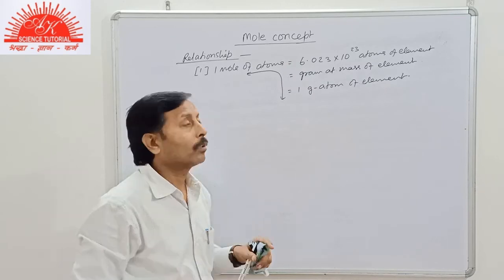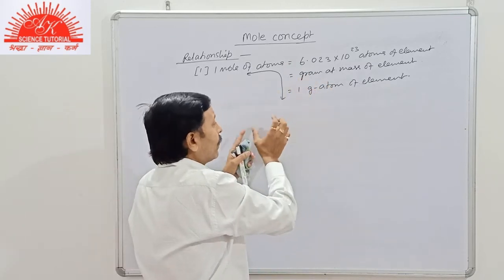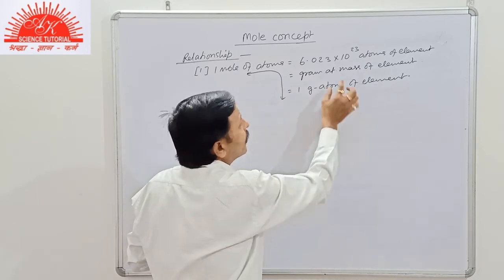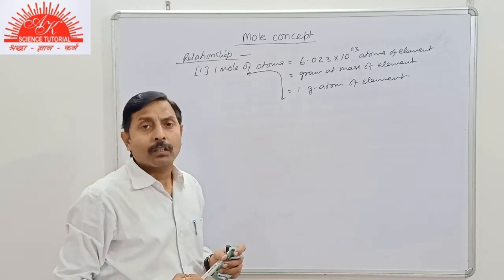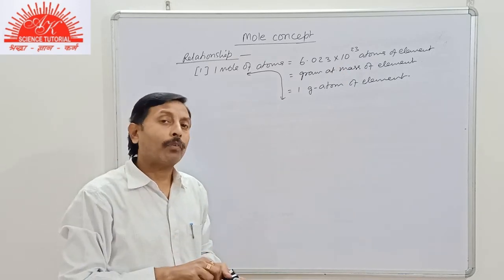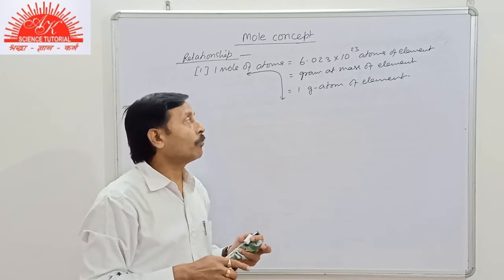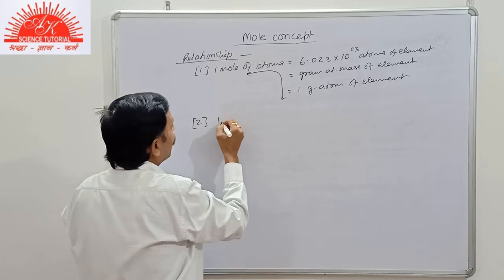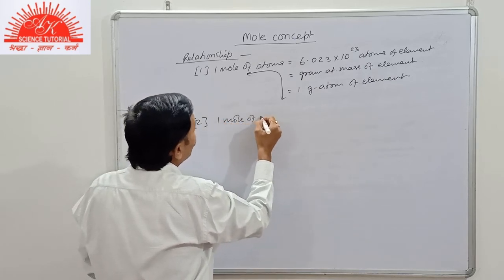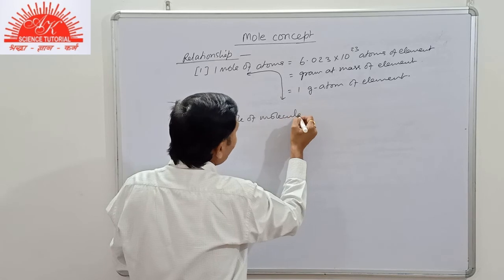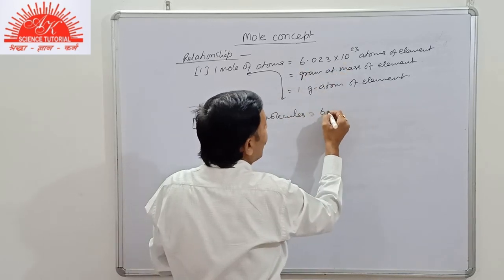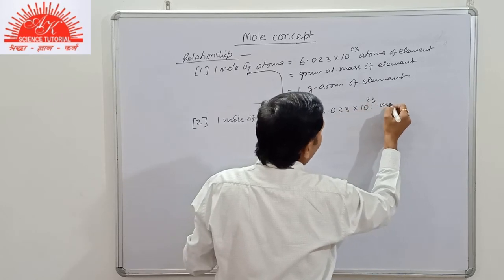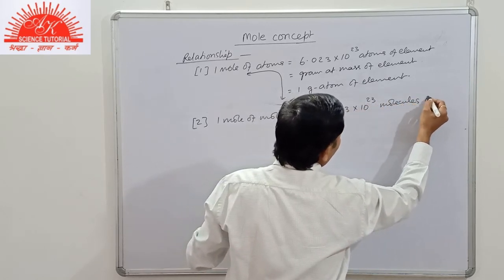Then how will you do? You will write gram atomic mass. That is, such gram of element contains this much number of atoms. Then in the given mass you can find it out. You will use some examples for it. Now write second part. 1 mole of molecules. Again, it will have 6.023 into 10 to the power 23 molecules of substance.